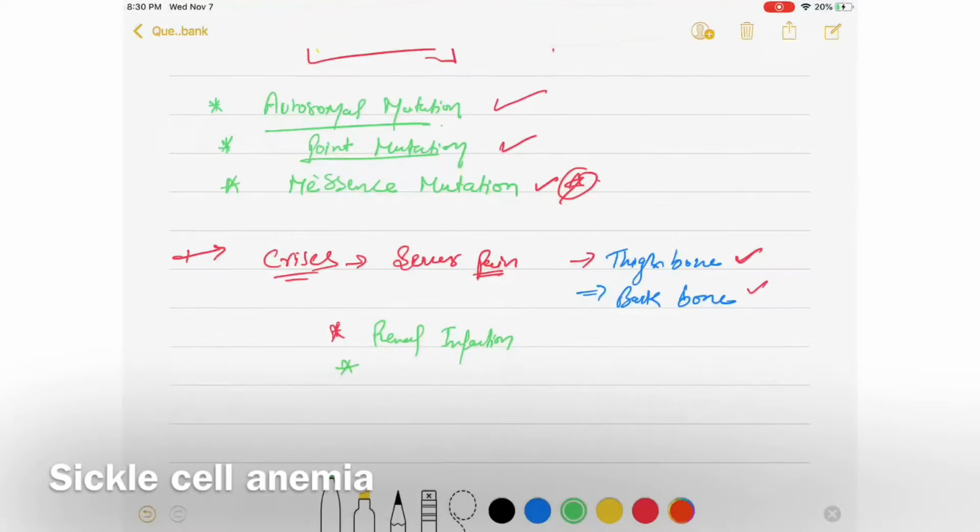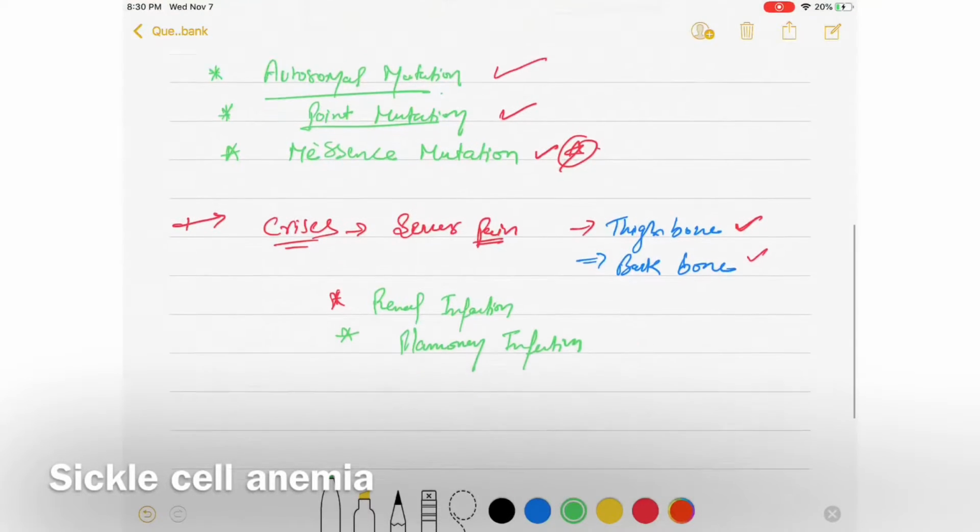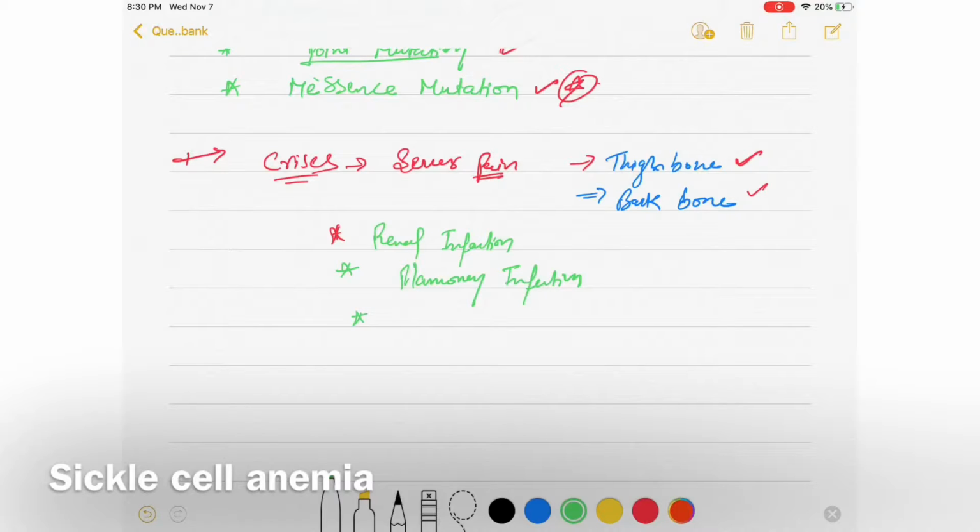Because of that, pulmonary infection will occur, and pleuritic pain will occur. Next, it may cause stroke in the brain, because of damage or blockage of the carotid artery near the neck.